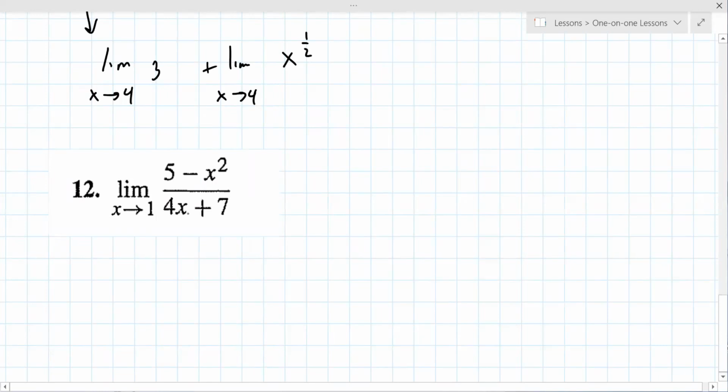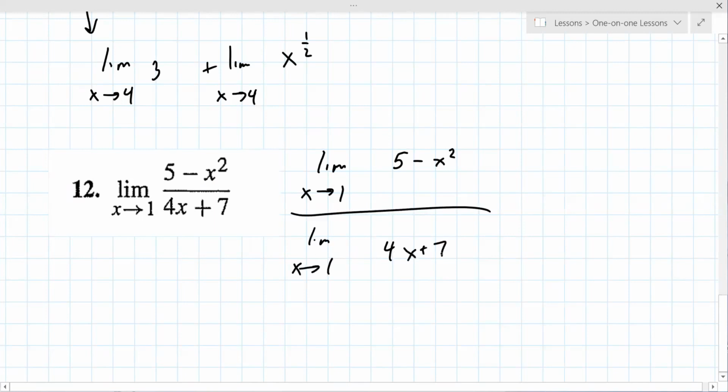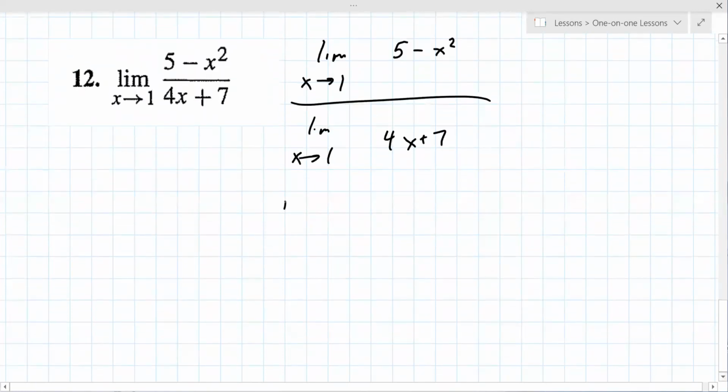All right. So there are all these properties. Like you can say the limit as x approaches 1 of 5 minus x squared, all over the limit as x approaches 1 of 4x plus 7, and then you can break apart each of these if you want. It's what you're supposed to do, but it's very clumsy because it's a lot of writing, and you end up doing the same thing: you just put the number in.